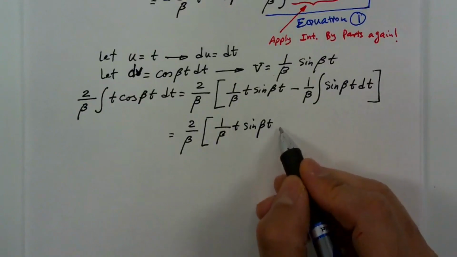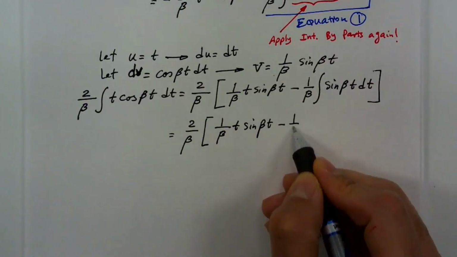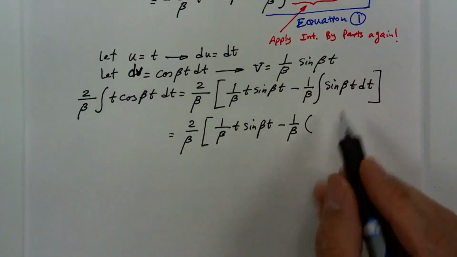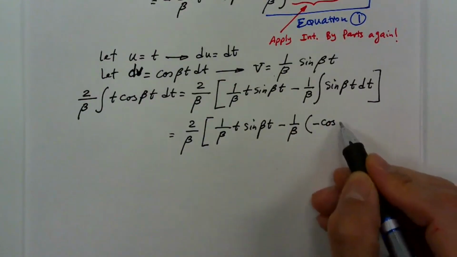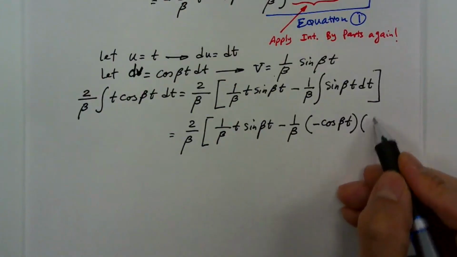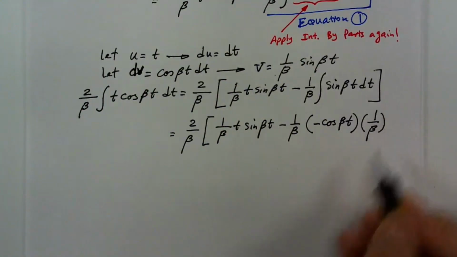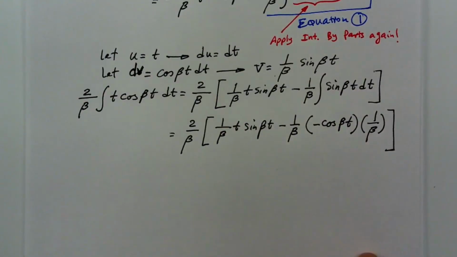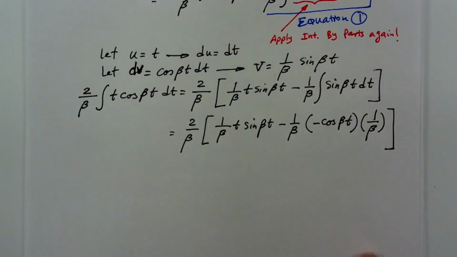Now I've got to be careful. So we have minus 1 over beta times minus cosine of beta t times 1 over beta. And there we have it. Okay, that should be okay.